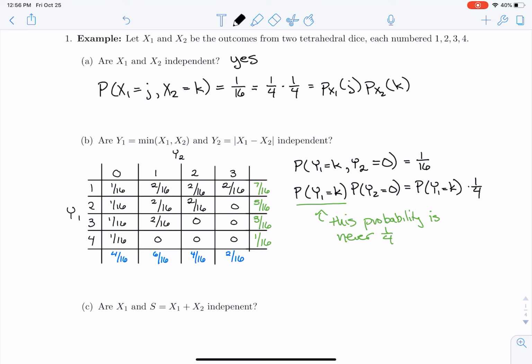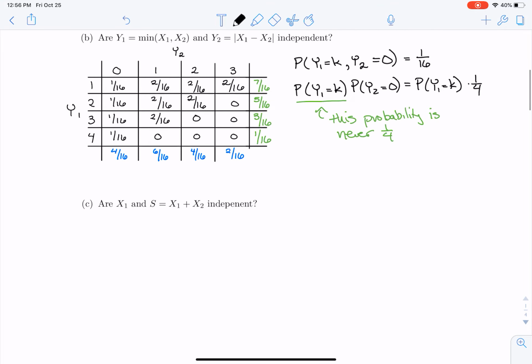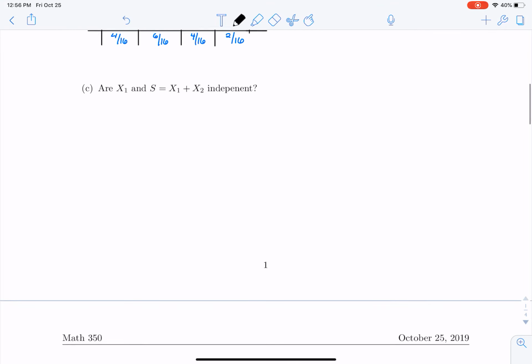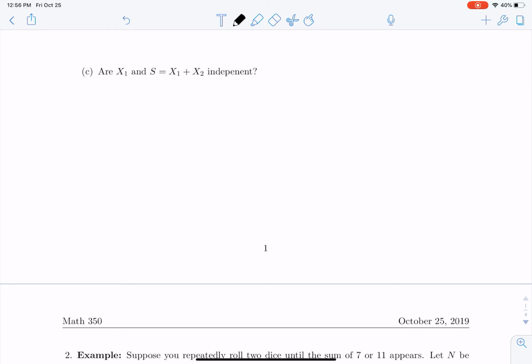So let's ask another question. Are X1, the outcome from the first die, and S, the sum of the two dice, independent? Well, let's look at a particular outcome.